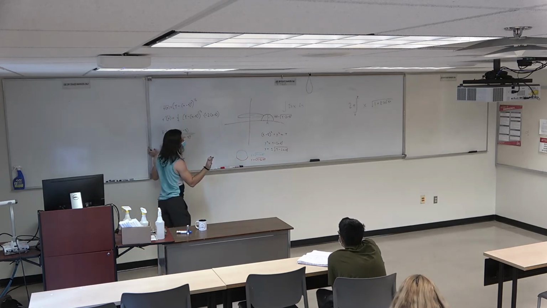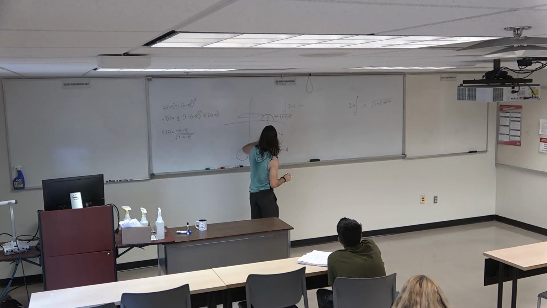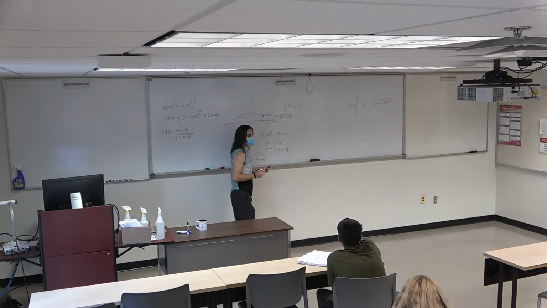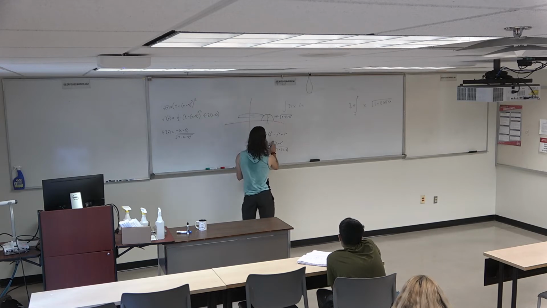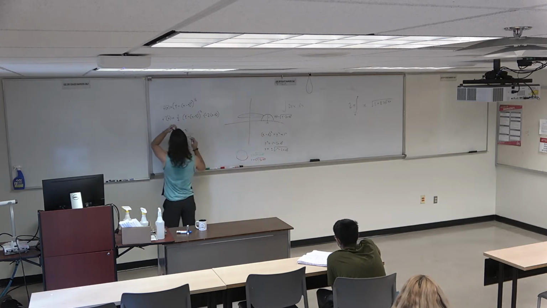So let's just carry through for ourselves. How is this all going to be different, right? Well, this is going to be capital R, and this is going to be little r squared. And so then you work this out, and so it's r squared minus this, etc., all the way through.